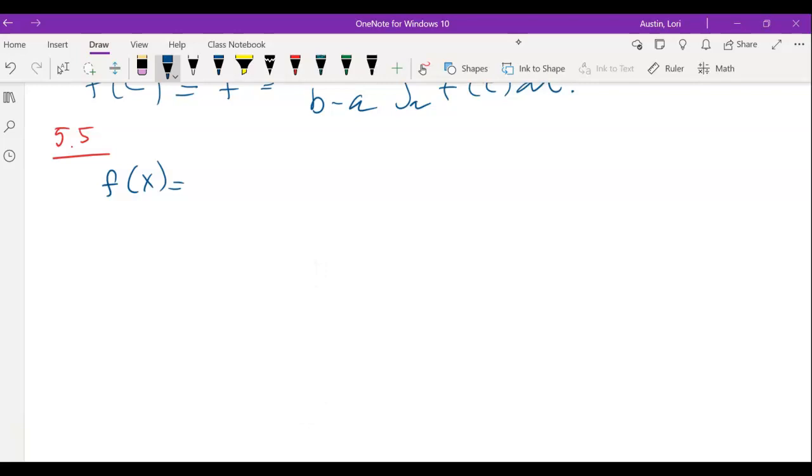If f of x is sine of 6x, first of all, how did we do chain rule? There's an outer function, that's your sine function, right? You look at that 6x as your inner function, correct? So first, you take the derivative of the outer function, keeping that inner function as is. So what's the derivative of sine? Good.